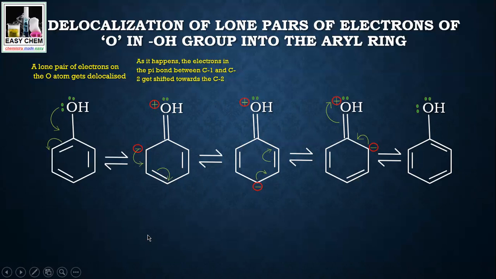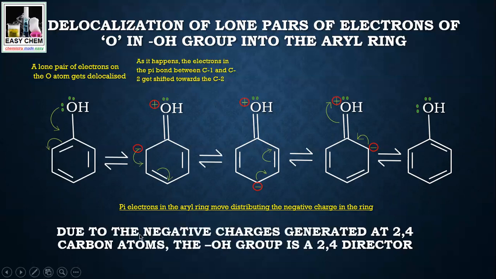So we say the OH group is 2,4 directing. Pi electrons in the aryl ring move, distributing the negative charge in the ring. Due to the negative charges generated at the 2 and 4 carbon atoms, the OH group is 2,4 directing.